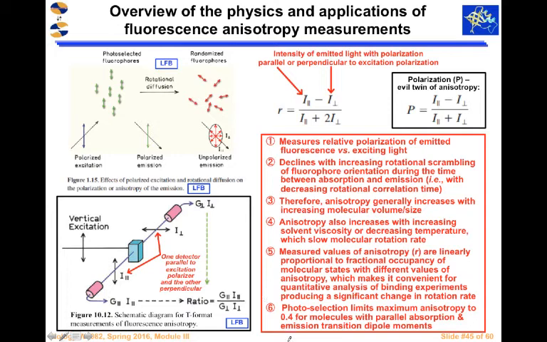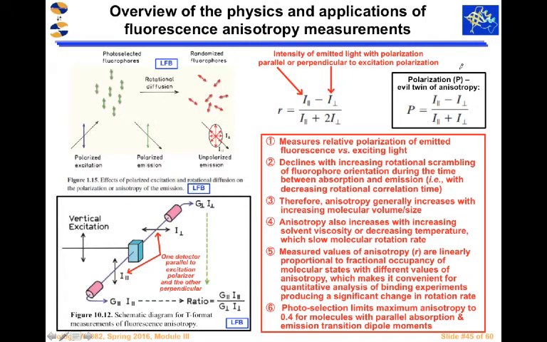So for that reason, the maximum polarization you can get due to the photoselection process is 0.4, unless you have a non-parallel alignment of absorption and emission transition dipole moments, which is not unheard of, but is rare. So in general, 0.4 should be the maximum value you see for anisotropy.